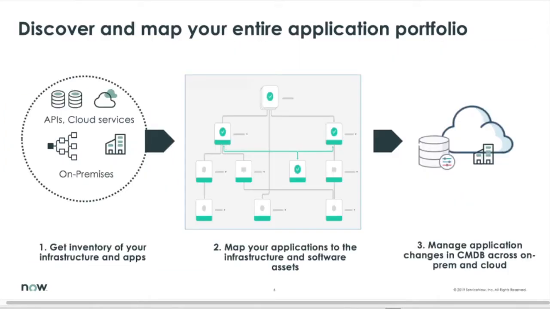Just as a couple other examples, besides just discovering your applications that are on-premise, ServiceNow can allow you to start discovering APIs and cloud services. So that's also available as one of the platform solutions. As I mentioned before, I just wanted to highlight that all of your business applications are going to reside in the CMDB. So all that relationship and that service mapping is going to be available there in the CMDB.